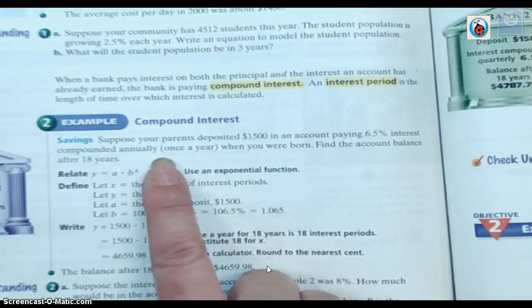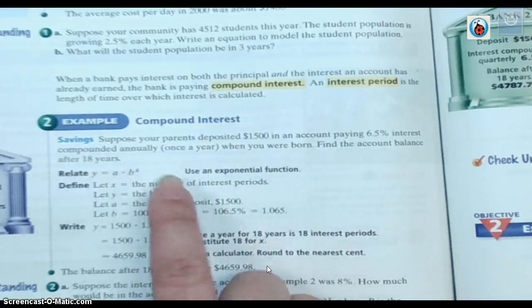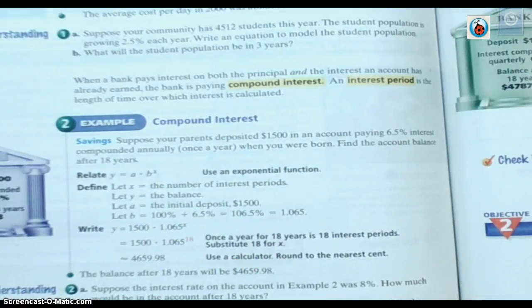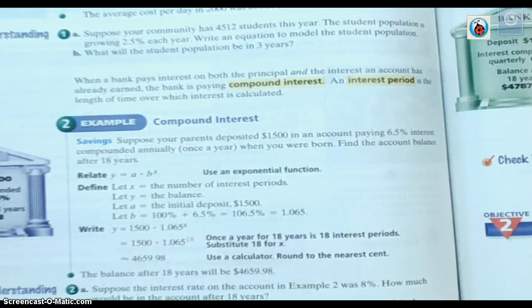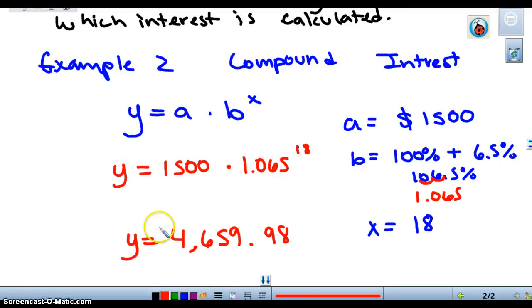So annually means once a year, when you were born. Find the account balance after 18 years. So here we go. This is the result to example number 2.